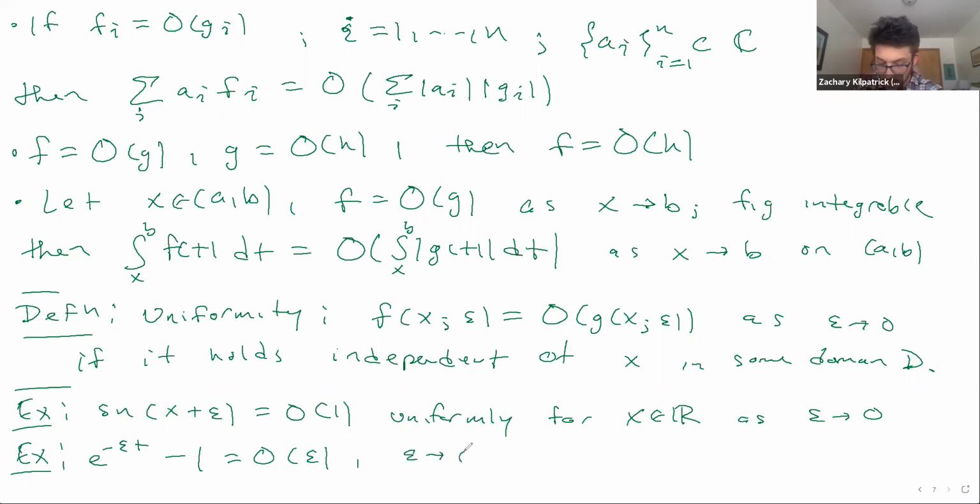But it's going to be non-uniform. And why is this going to be non-uniform on, let's say, the half line from 0 to infinity?